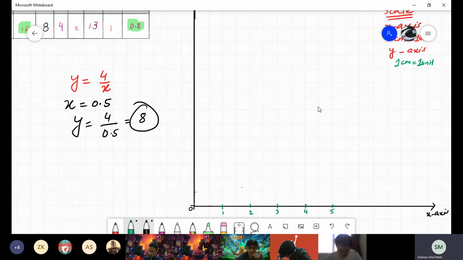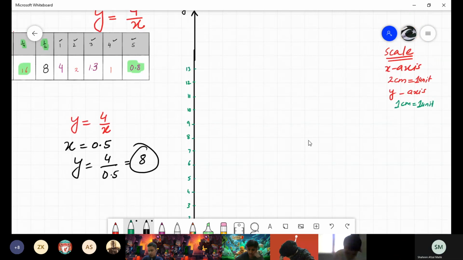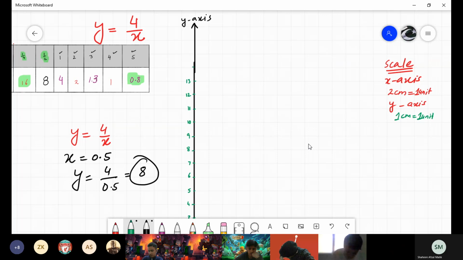But for the y-axis, it is the simple one. 1, 2, 3, 4, 5, 6, 7, 8, 9, 10, 11, 12, 13, 14, 15, and 16.